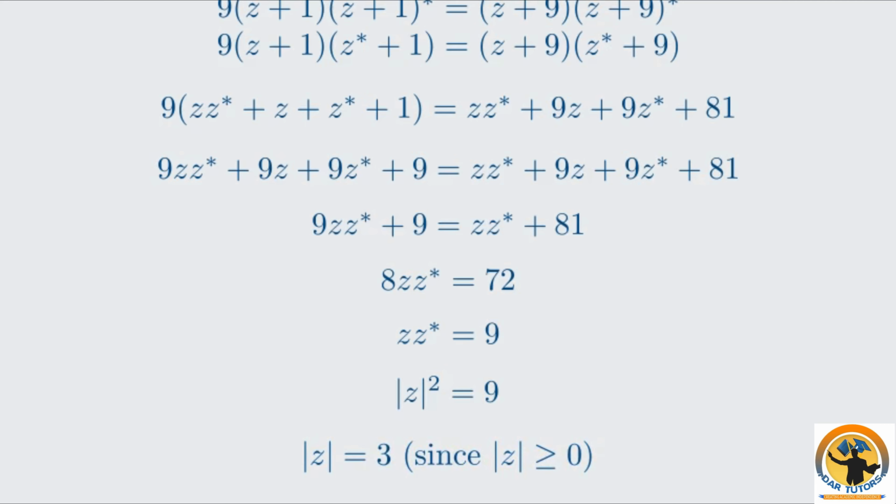This method of squaring and using the conjugate property is a powerful technique for solving equations involving moduli. Let's recap what we've covered. We've learned to define complex numbers in Cartesian form, represent them on the Argand plane, and understand the concepts of modulus and argument.